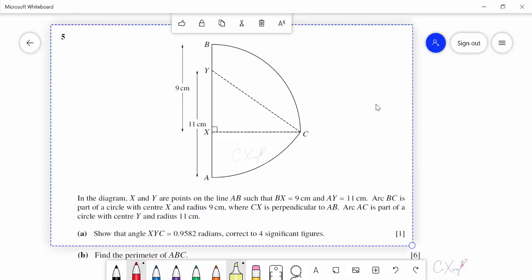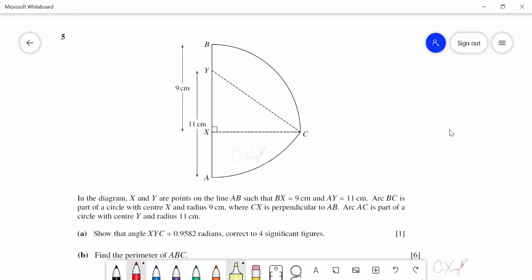Okay, so now we discuss question number 5. They give us a diagram and they say that X and Y are points on the line AB such that BX is 9 cm and AY is 11 cm. The arc BC is part of the circle with center X. So BX is 9 cm, and CX is perpendicular to AB.